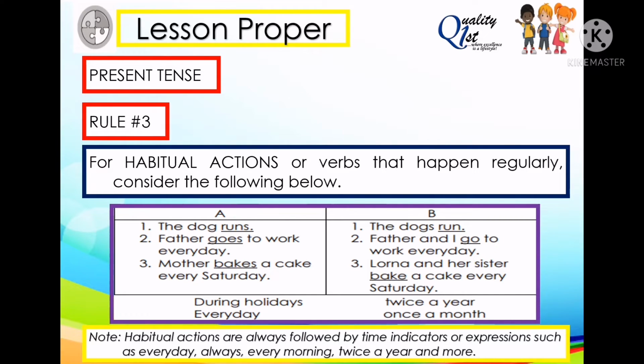For column B, the time indicators are twice a year and once a month. Okay? You always have to look first for the subject and then followed by the verb. Alright? Well done, kids.